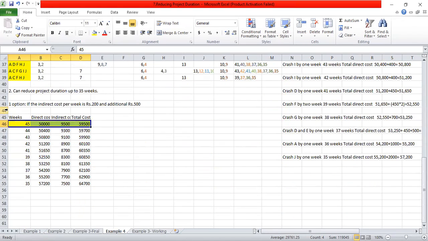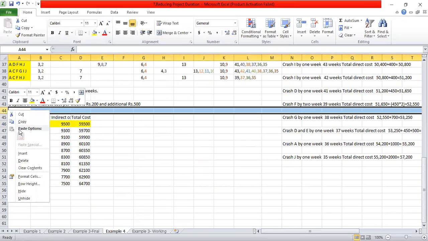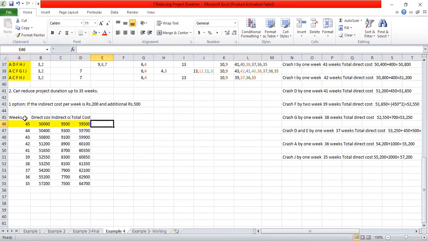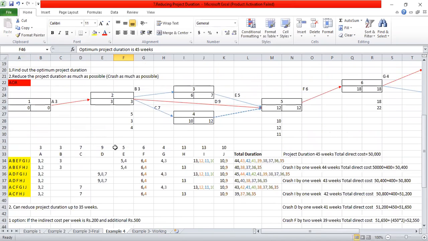For option 1, the optimum project duration is 45 weeks. So for option 2 also you have to calculate.